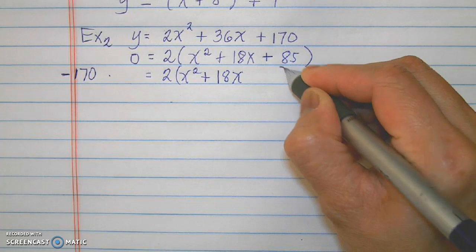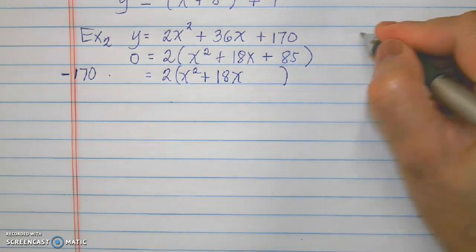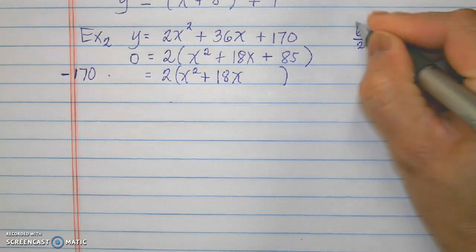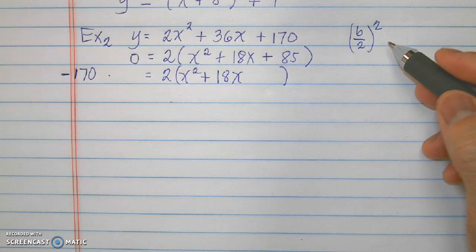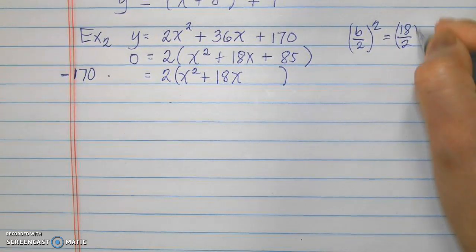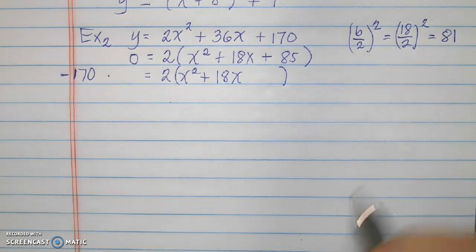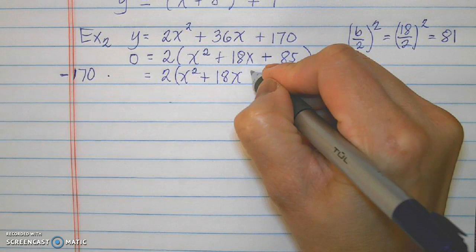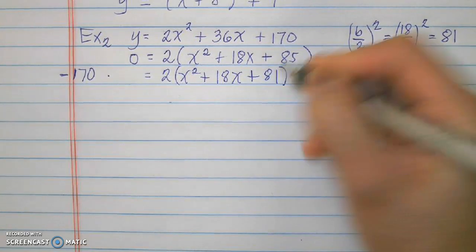I'm leaving a space because of the next process, which is get the b, divide it by 2, square it, and add it to both sides. So now our b is 18, divided by 2 is a 9. 9 squared is 81. We're going to add 81 on both sides. I apologize for that.